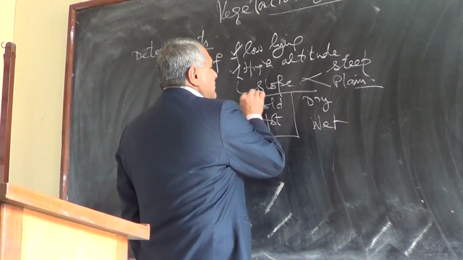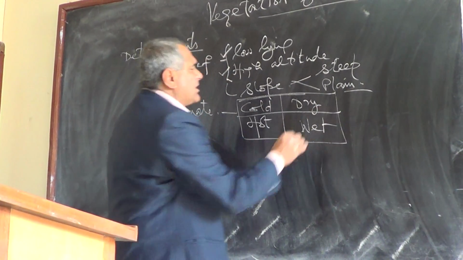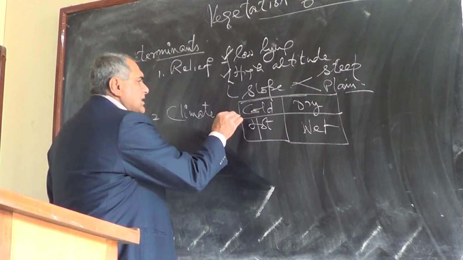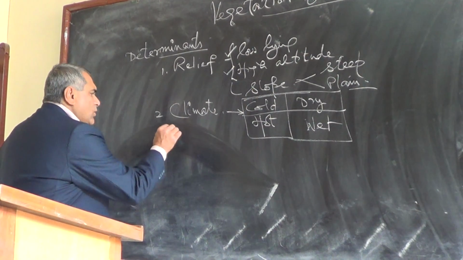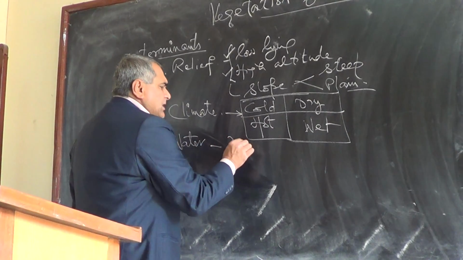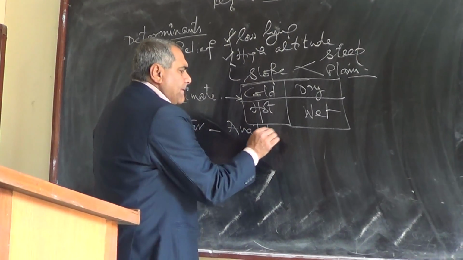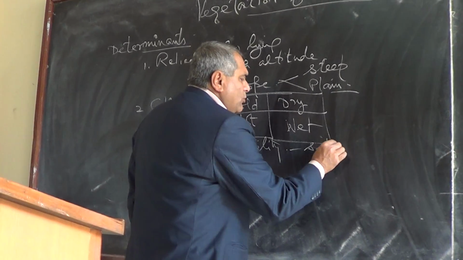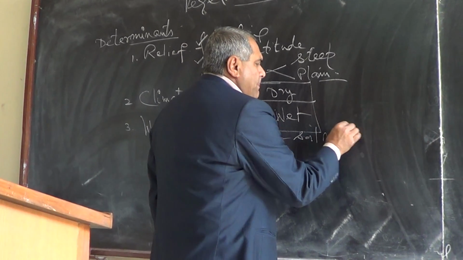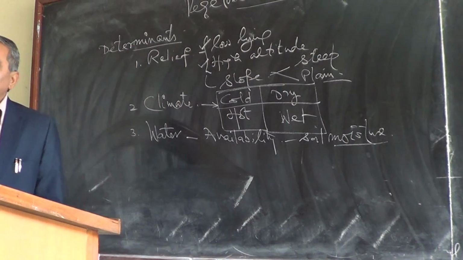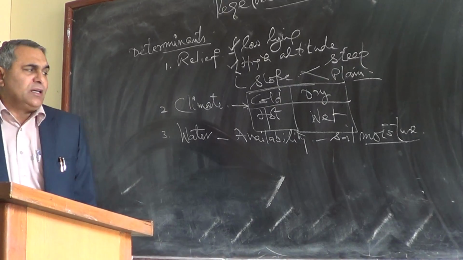So these are the four parameters which determine the nature of vegetation, the climatic conditions, the water availability, or you can say soil moisture. Level of soil moisture determines the nature of vegetation.